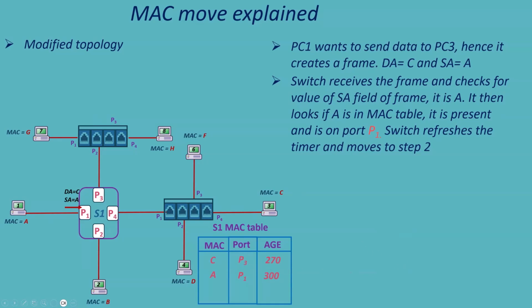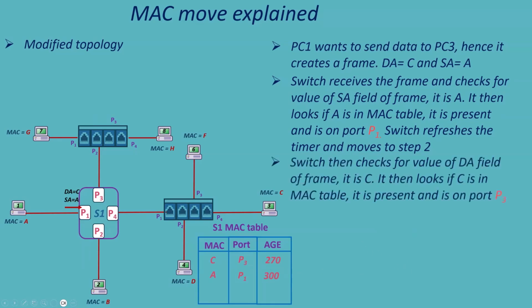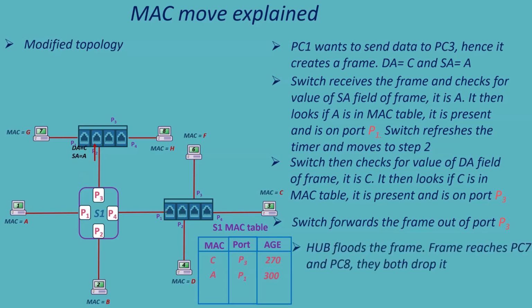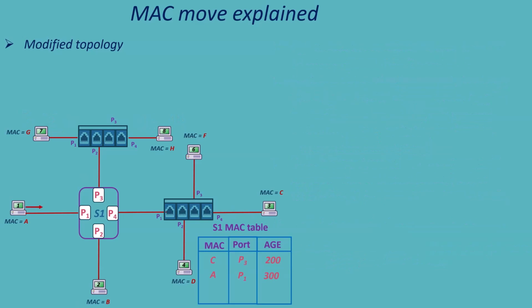So it will forward the frame out of port P3. The hub will receive this frame and flood it. PC7 and PC8 will drop the frame. Now, this will continue every time.